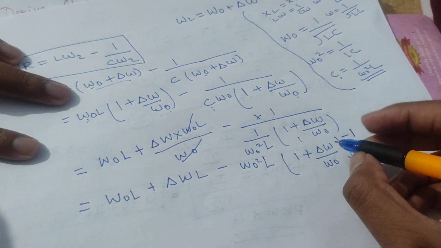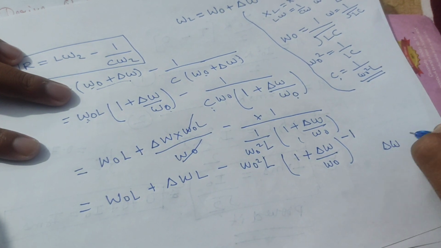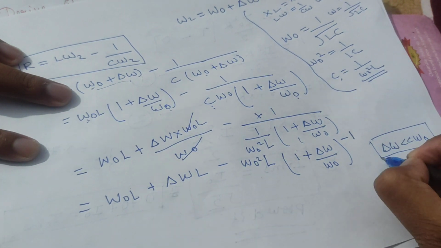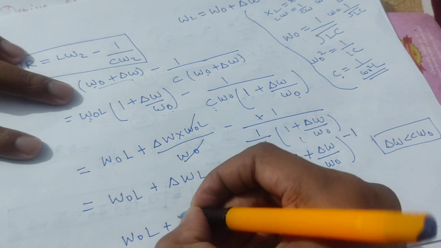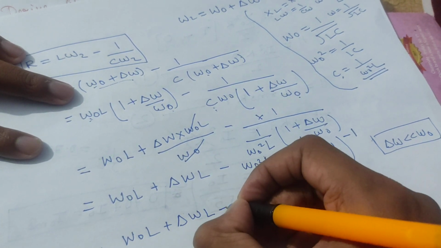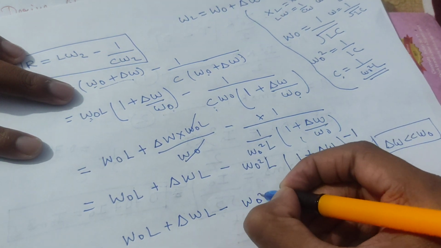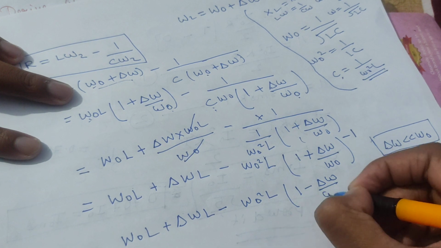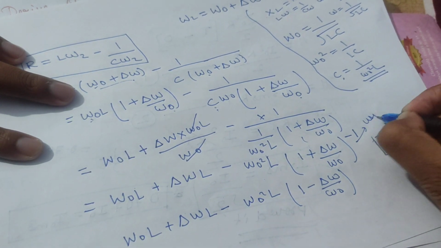Before using the binomial term, we should know that del omega is less than omega naught, okay, we should know this. So now solve. It will become 1 minus del omega by omega naught, because we use the binomial.